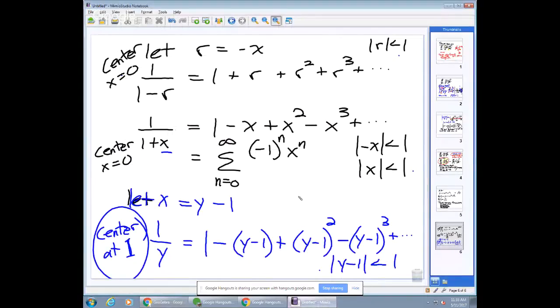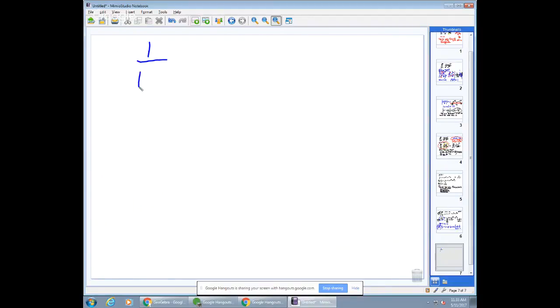All right, let's take it a little farther. Other things I could do, let's go back to play with this one here. So we have the series 1 over 1 plus x is equal to 1 minus x plus x squared minus x cubed, going on for a while. We could sub in x squared if we wanted to. I'm running out of letters.